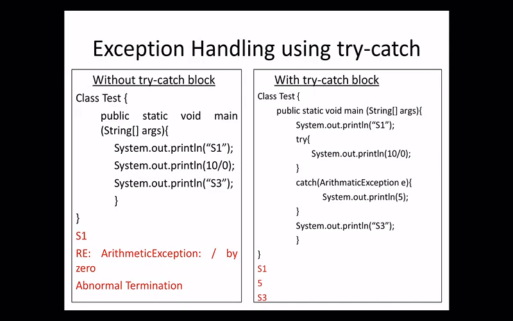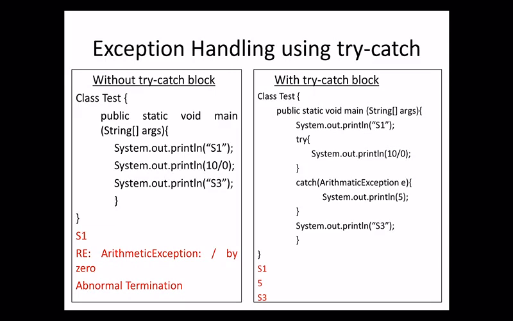The exact runtime error will be: Exception in thread main java.lang.ArithmeticException: divide by 0 at class test. In short, ArithmeticException: divide by 0, and this is the abnormal termination. Statement 3 is not going to be executed, so that disturbs the normal flow of the program.